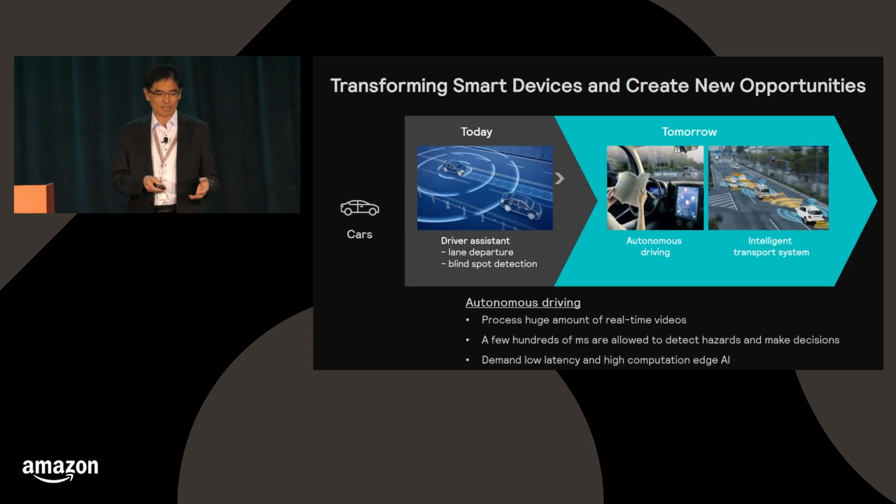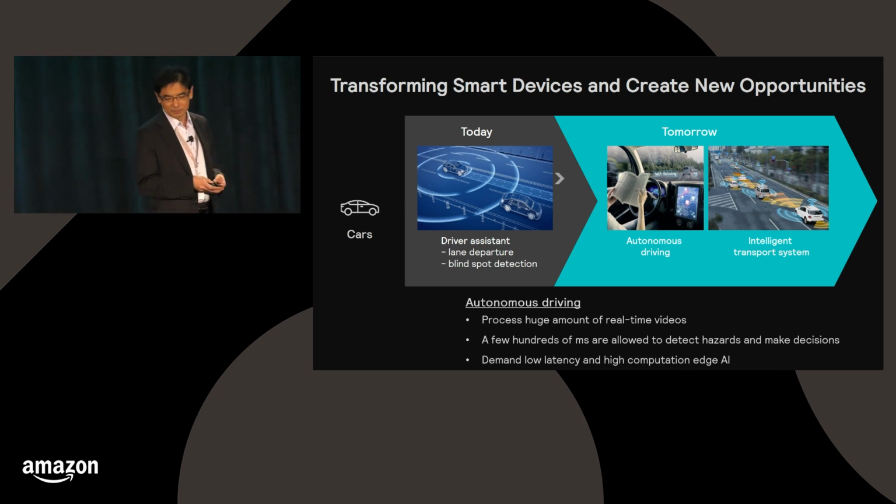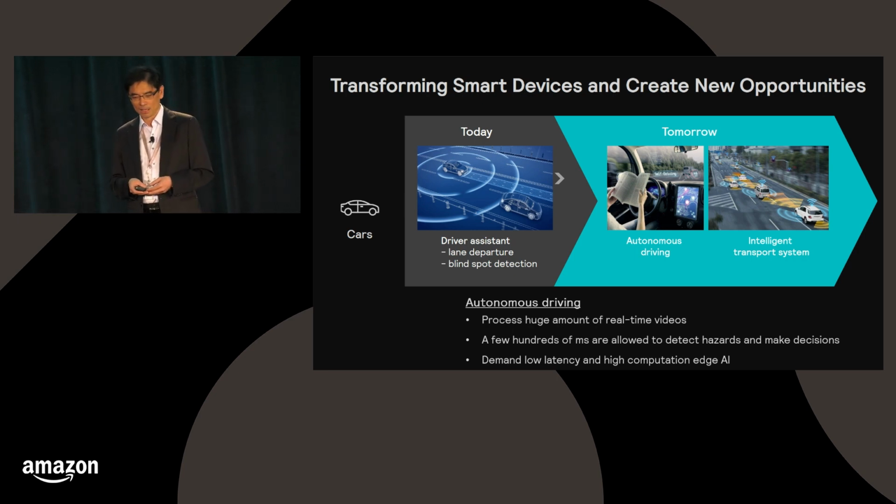And for cars, currently there are quite a few driver assistance functions available, such as lane departure and blind spot detection. And it is evolving toward autonomous driving. Actually, an autonomous car is kind of a robot, an autonomous machine.